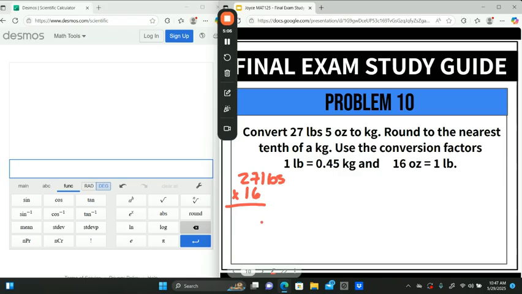And when I multiply 27 times 16, that gives me 432. And then I've also got these 5 ounces up here. So 432 ounces plus 5 is going to give me 437 ounces. So that's what I'm going to start with.